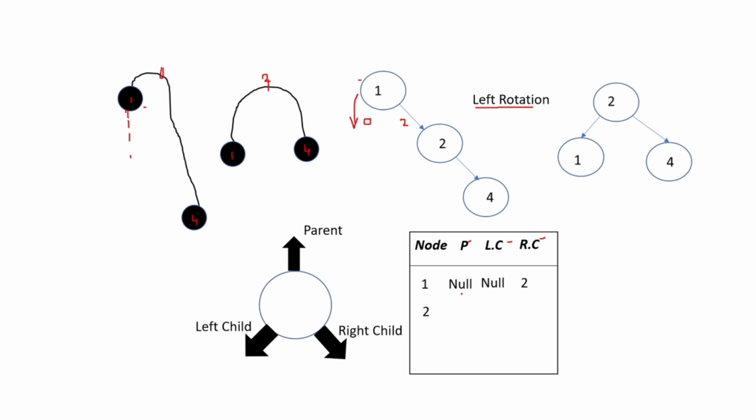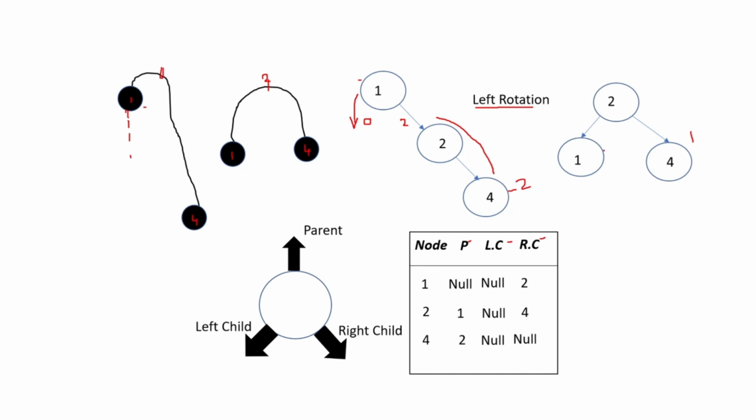The next will be node number 2, which has a parent 1, left child is as usual null and the right child is 4. Node 4 has a parent 2, and since it's a leaf node both left and right child values will be null. Now when you're pulling, what is happening is this 4 is just leveling up. It was at level 2 and here it is at level 1.